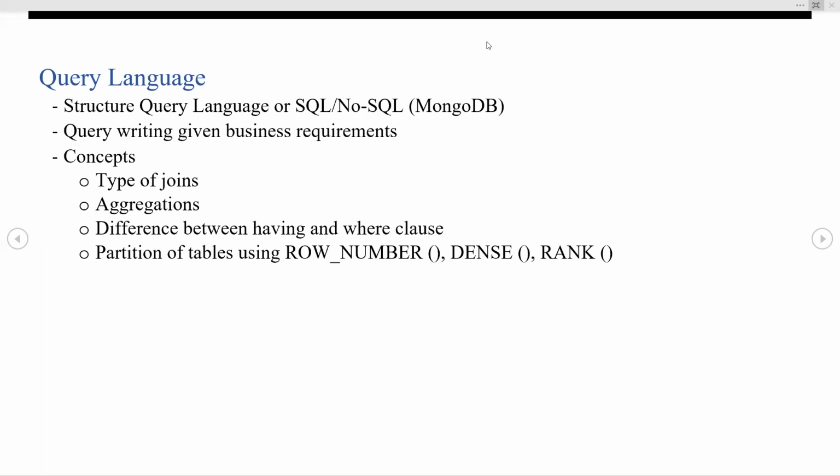Unless you really plan to work as a data engineer, knowing NoSQL is not a must. If you just know SQL concepts, and specifically a few important concepts from an interview point of view, you are thorough with it. And I'm going to discuss what those concepts could be.